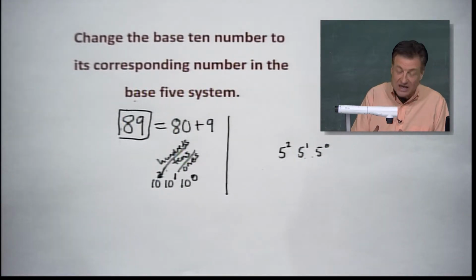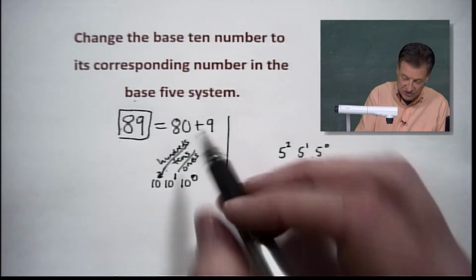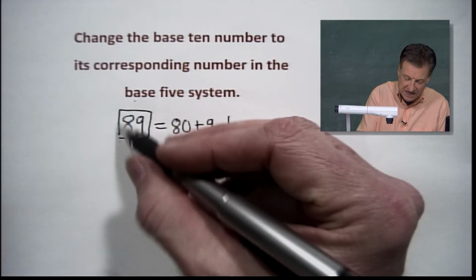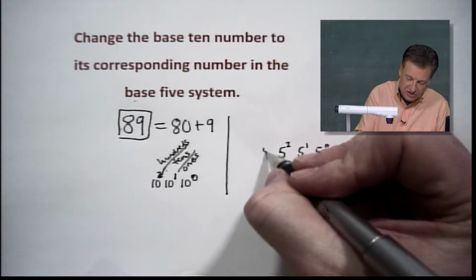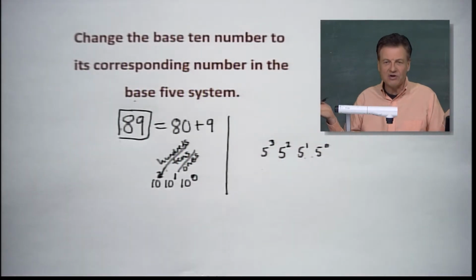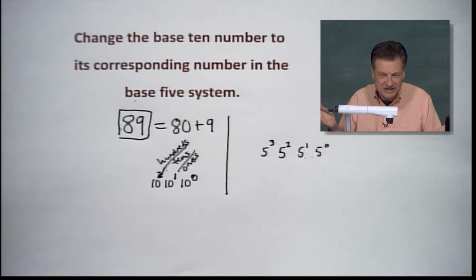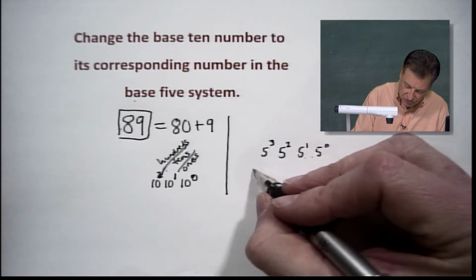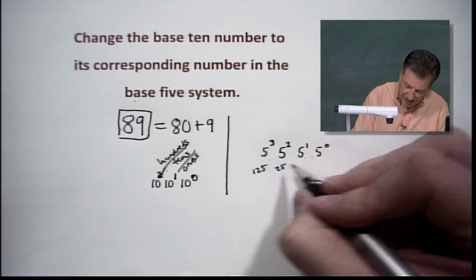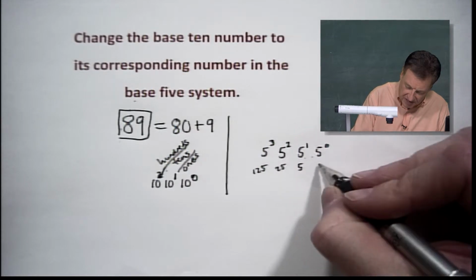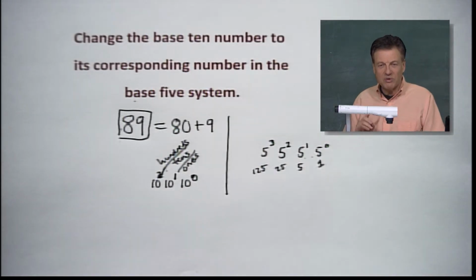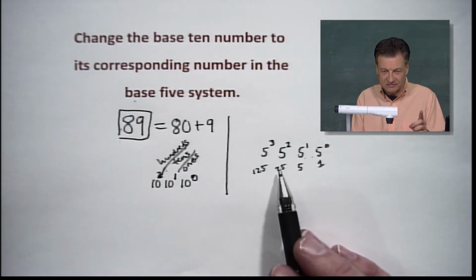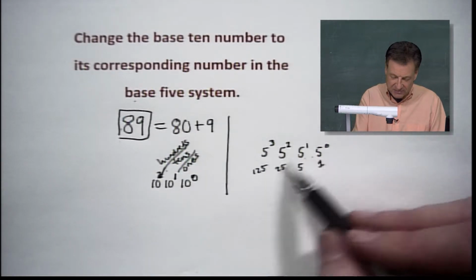So as we go through this, I want you to see what we are going to do. Well, we know 89. What would happen if we went to 5 to the third? 5 to the third, 25 times 5 is going to be 125. So this is like 125. This is like 25. This is like 5. And this is like 1. So what we want to know is how many 25s, because that's going to be filling up this position.